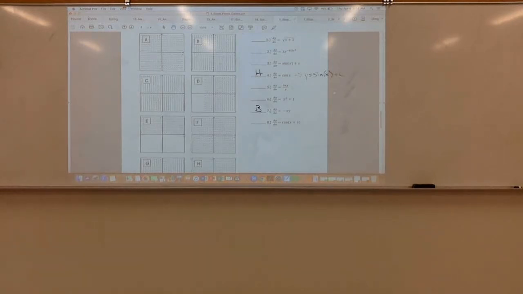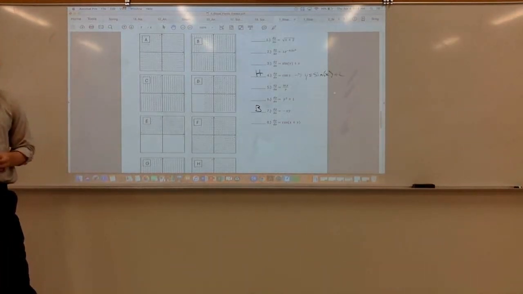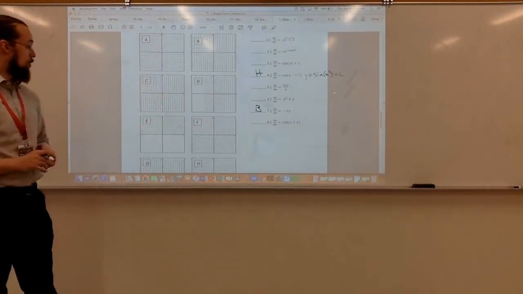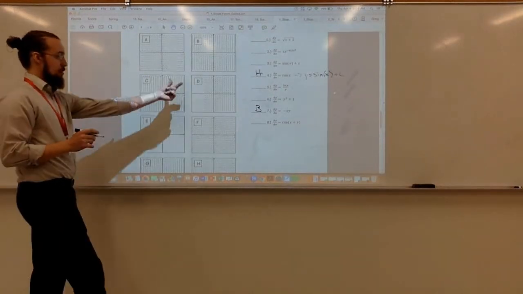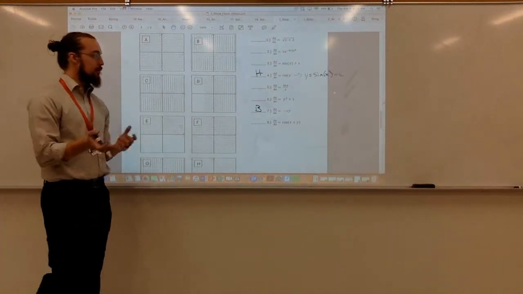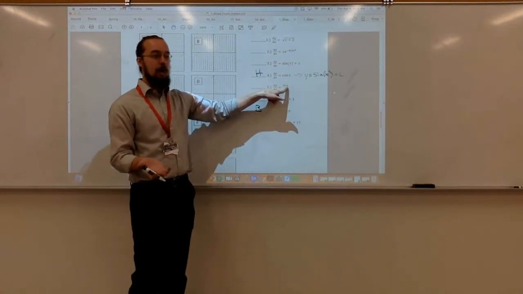Any other strategies that we could think of that might be useful? Well, I'm pretty sure number 5, you can't have anything negative. Right. So if we think about some of these graphs have blank spots, right? Well, that means there's either a domain or a range restriction. But here, we couldn't have any negative y's, right?